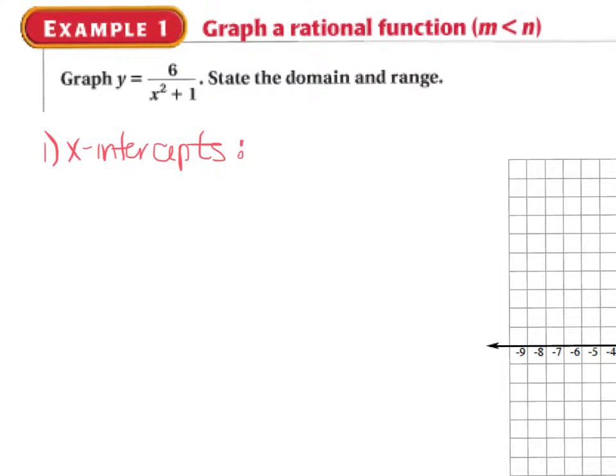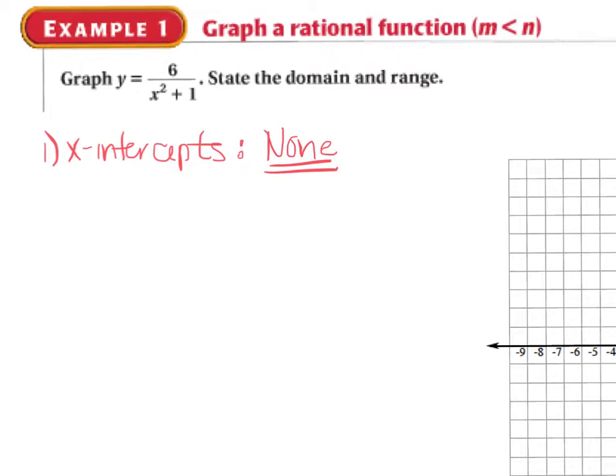If you look back at the chart, it says your x-intercepts will be determined by the solutions of your numerator. And so if I was asked to solve this numerator for x, hopefully you're a little confused because there is no x. So in this case, because I have no x to solve for, or no zeros, we have no x-intercepts. And it's important to write the word none. Okay, so we have no x-intercepts here.